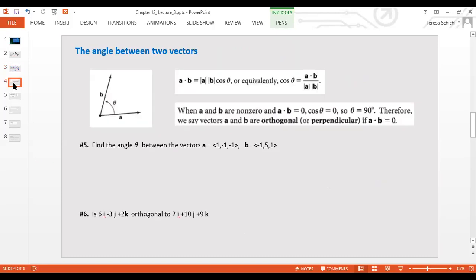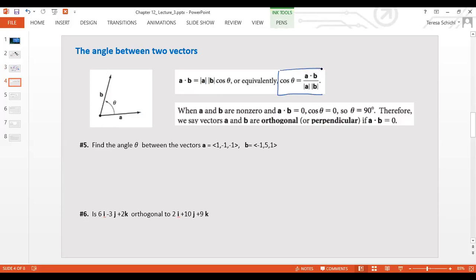Okay, let's take a look at the next ones here. The next one is the angle between two vectors. This is a super important formula. A dot B is equal to the length of A times the length of B times cosine theta. So how do you find the angle?